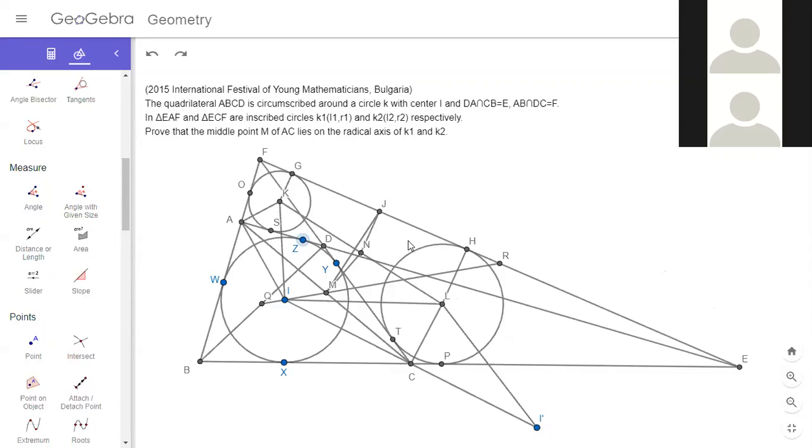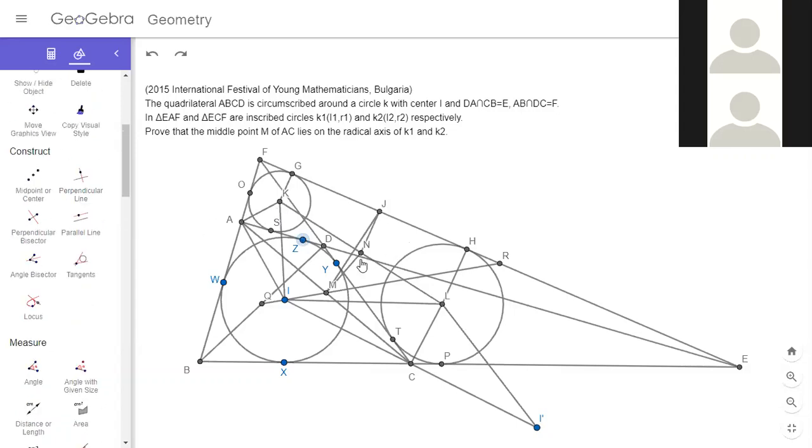Yeah, NGJ should be similar to KIA. NGJ, yeah, and it should be similar to the triangle we found earlier, KIA.